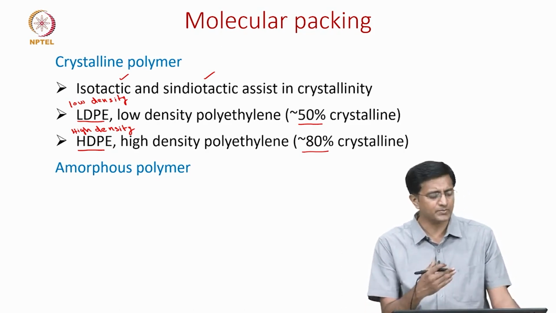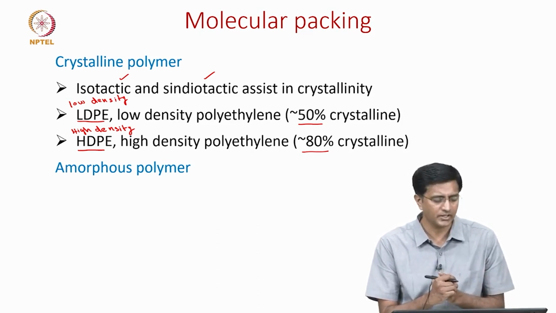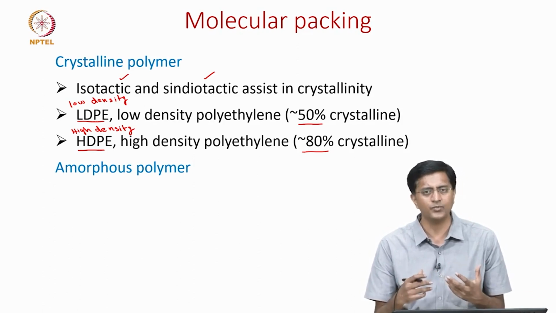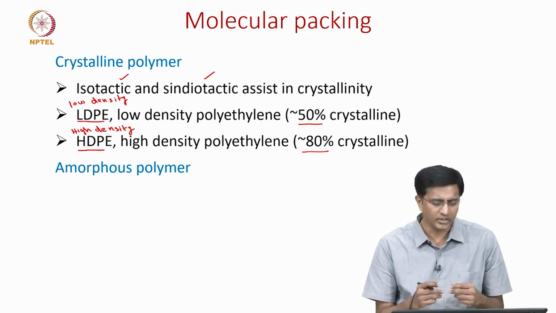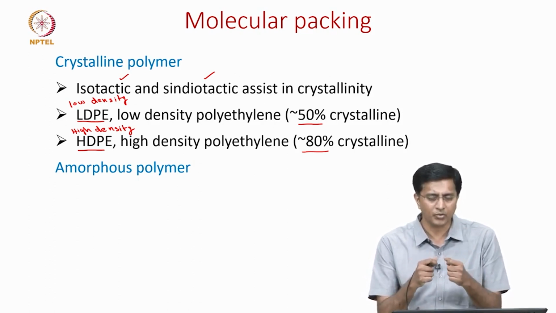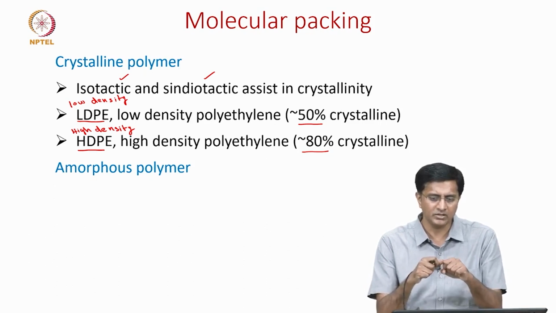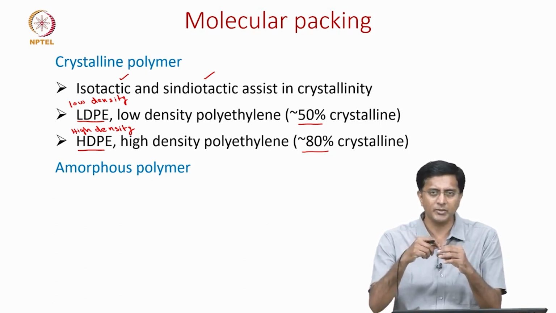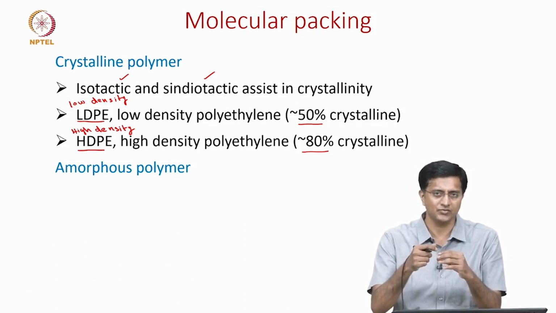Maybe let me also explain why we have low density polyethylene and high density polyethylene. The difference is in the way these polymers are processed. In low density polyethylene, usually the process is very harsh, which means in this process one of those hydrogen atoms can be plucked out and on that another chain can be attached, which leads to branching.